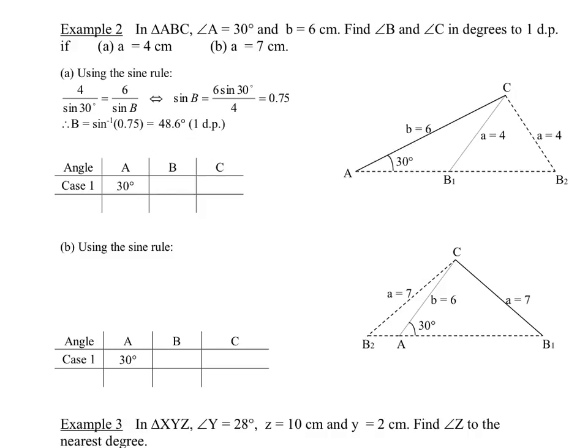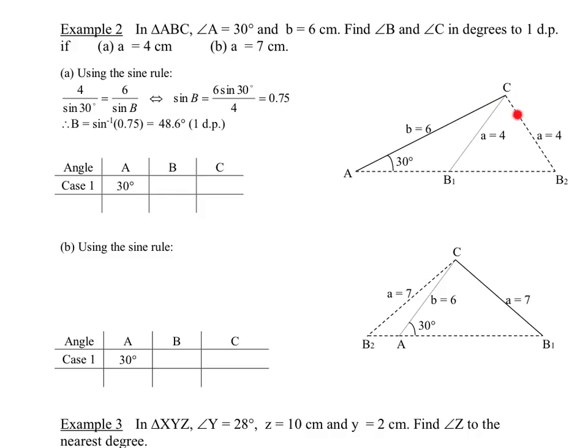Okay, so if we imagine that the angle B is 48.6 degrees, then that's this triangle that we are dealing with, with this angle here being 48.6 degrees. To find the angle C that goes all the way from here across to here, that angle is going to be 180 minus 30 minus 48.6.